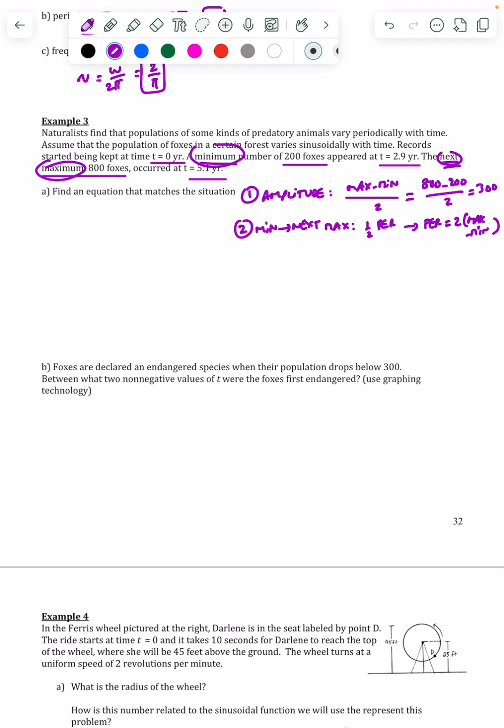So the difference between max and min is half a period. So the period is twice that. Okay, and now we have the numbers.